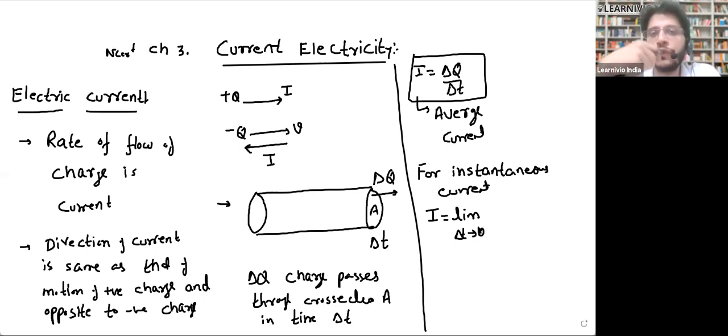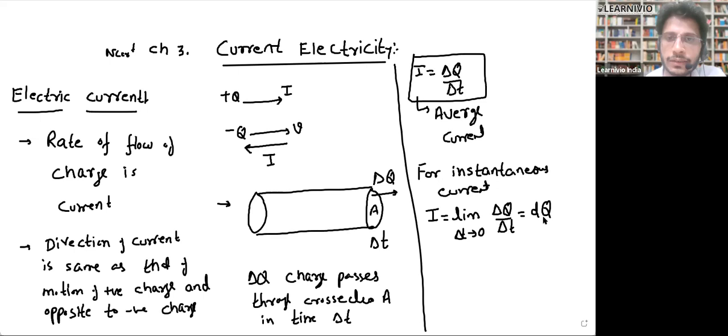So to get the value of instantaneous current, we will just shrink this time interval, delta t tends to 0, and I can write delta q over delta t as dq over dt. So this is your instantaneous current, which is the derivative of charge with respect to time.